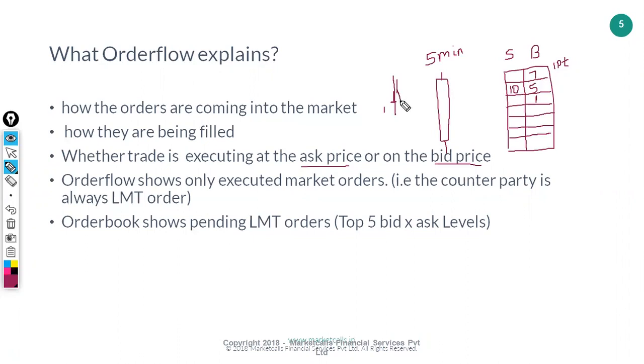Again it comes down, let's say 7, and buyers push again, let's say 5, but again price goes up. The buyers, another additional 7 lots would have been punched. So already 1 lot is punched at this level, so additional 7 will be added over here. So this level becomes 8.